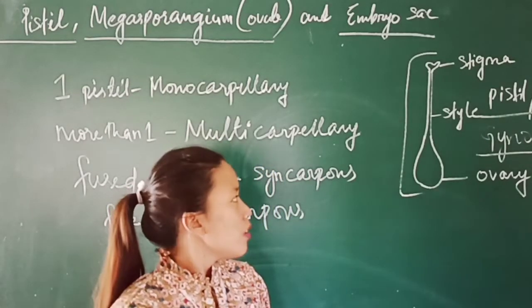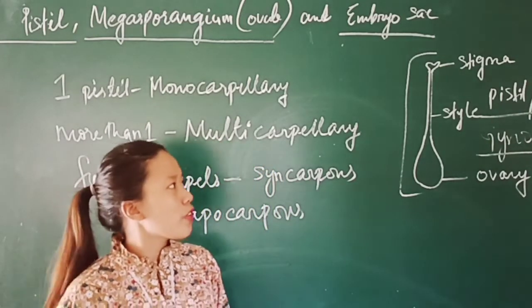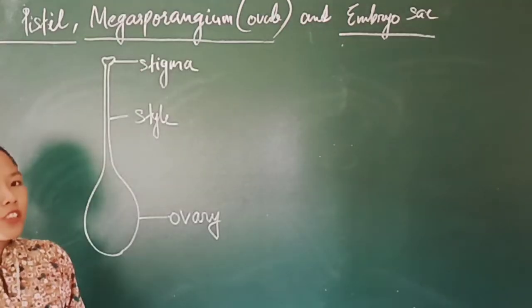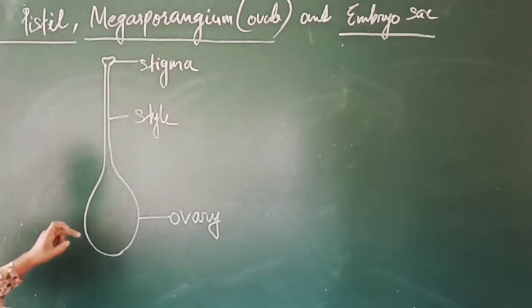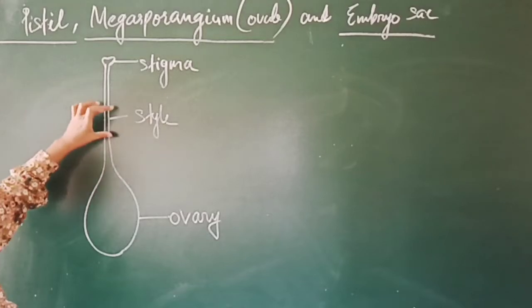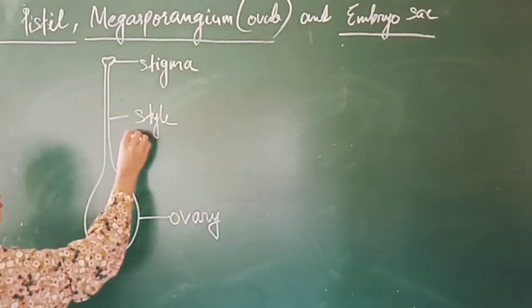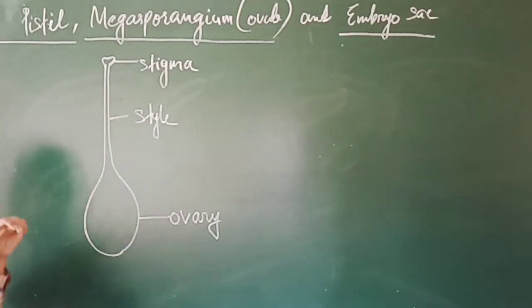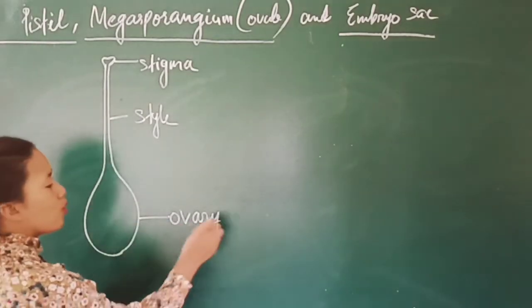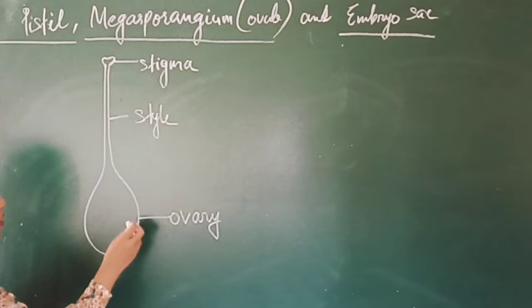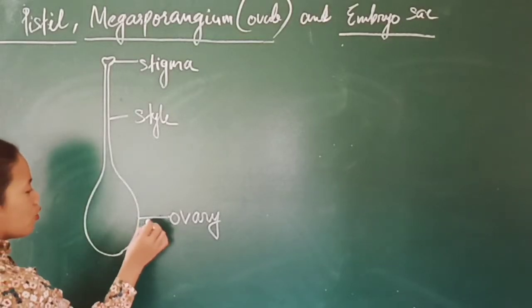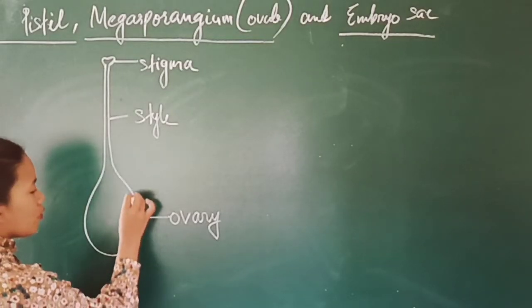Okay, let me draw the bigger picture of this pistil. So the structure of this pistil looks like this, with a stigma at the tip, a long slender part called the style, and a basal bulging part called the ovary. Now inside this ovary, you'll find the ovarian cavity. This is the ovary.